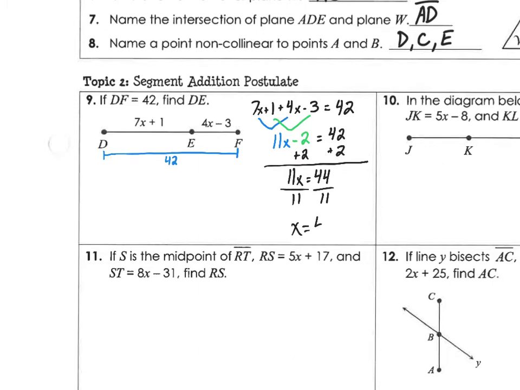X will give us 4. Is that our answer? No, because right here says we have to find DE. Okay, so let's plug that 4 back in. 7 times 4 plus 1. 28 plus 1 would be, there's your answer.